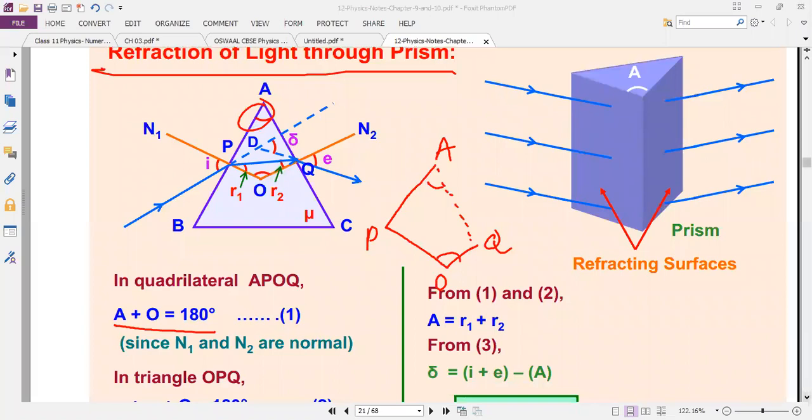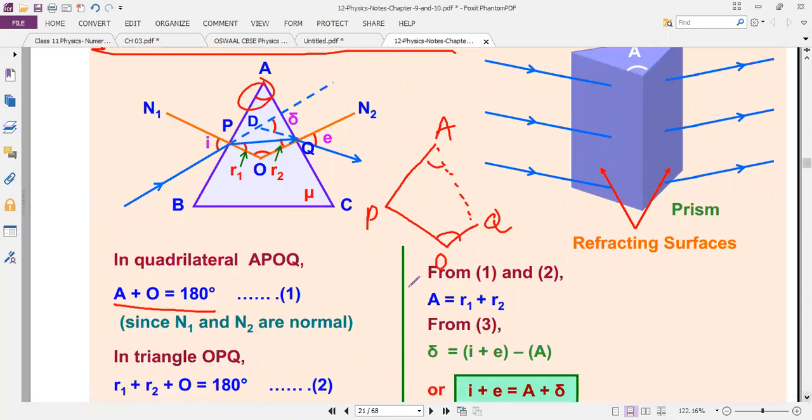Next, triangle OPQ. So in triangle OPQ, the sum is also equal to 180 degrees, but we should take two angles R1, R2, and O also.